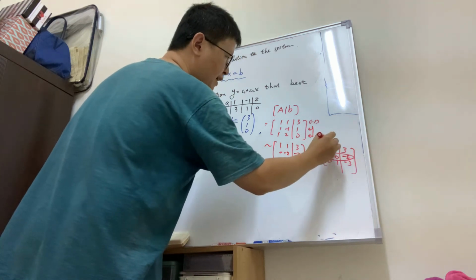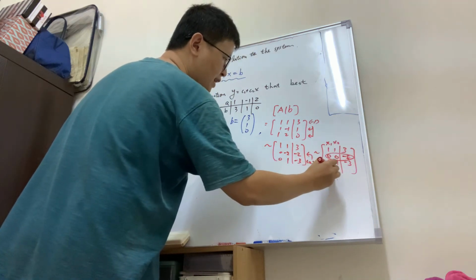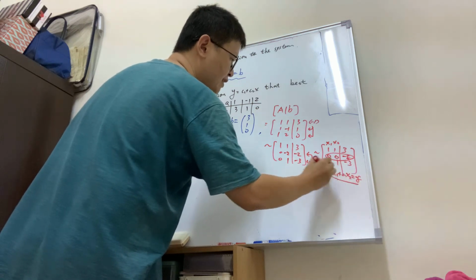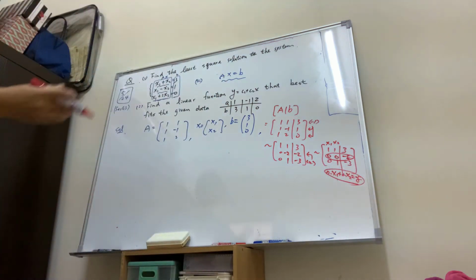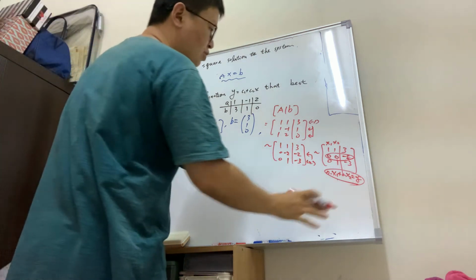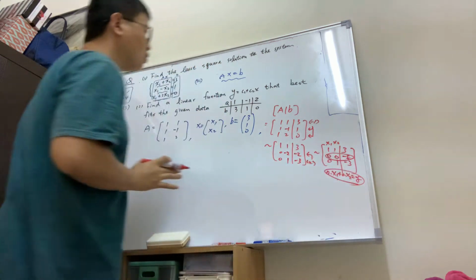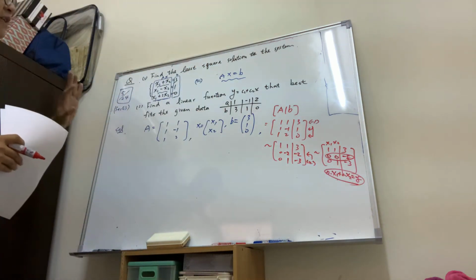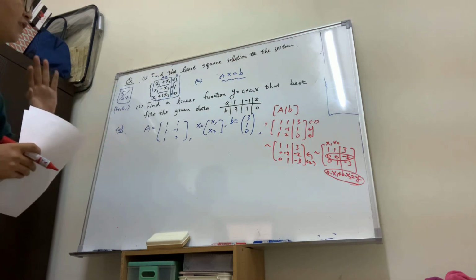This row means 0 times x1 plus 0 times x2 equals negative 8, which is a contradiction. No x1, x2 make this equation hold, so the linear system is inconsistent. It doesn't have any solution.